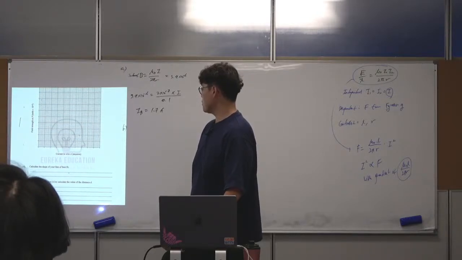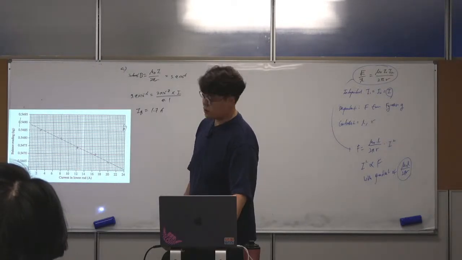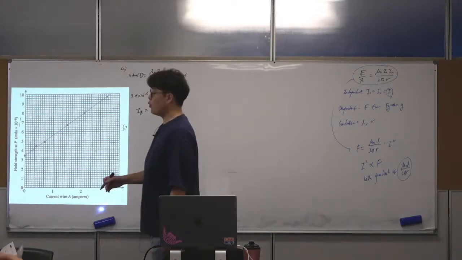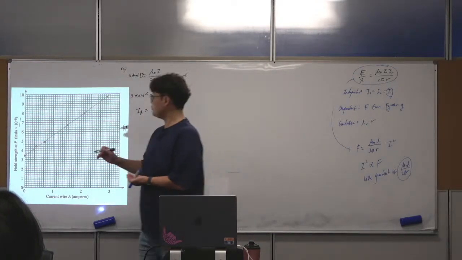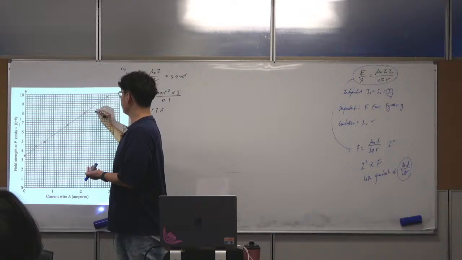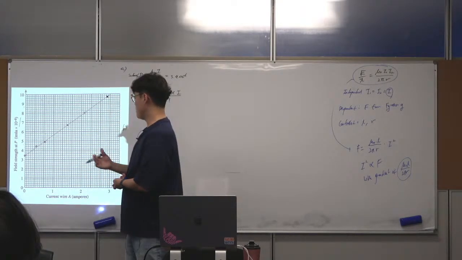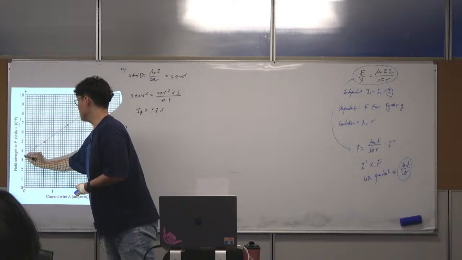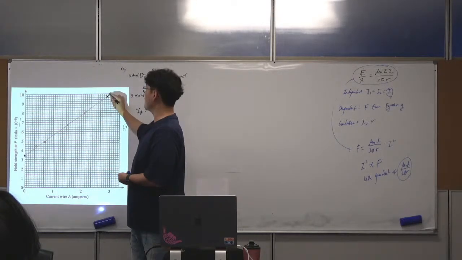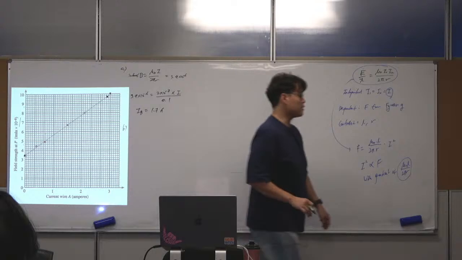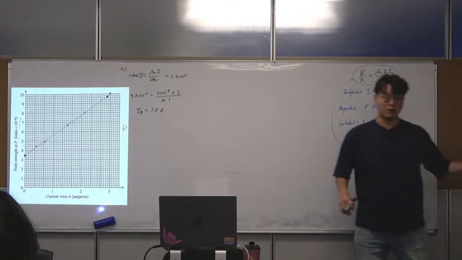Calculate the slope of your line of best fit. So what you do, remember that in the line of best fit, you show any two points. I take one of the points here, and another point somewhere in here. You can make a big triangle like this. Make sure you put that right-angled triangle on the graph.